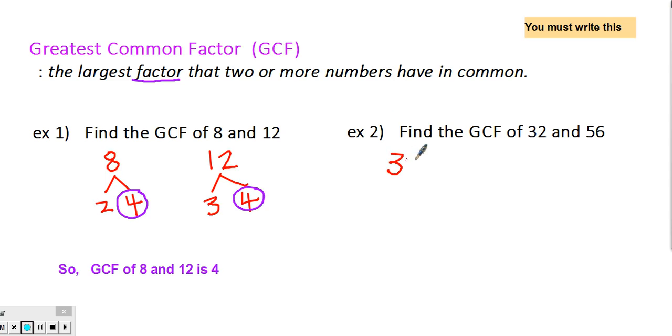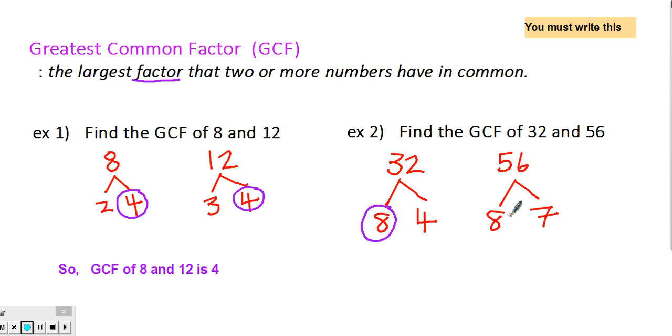Factors of 32 that you can probably immediately think of are 8 and 4. 8 times 4 creates 32. 32 can be divided by 8, and 32 can be divided by 4. 56 can be divided by 8 and 7 because 8 times 7 is 56. So, the greatest common factor that they have is 8.